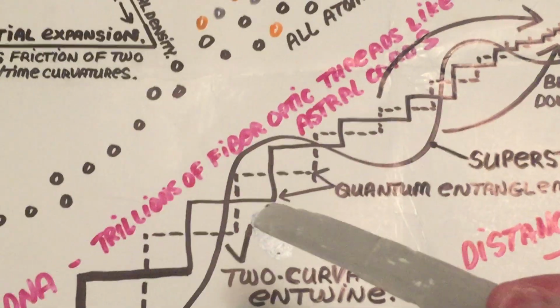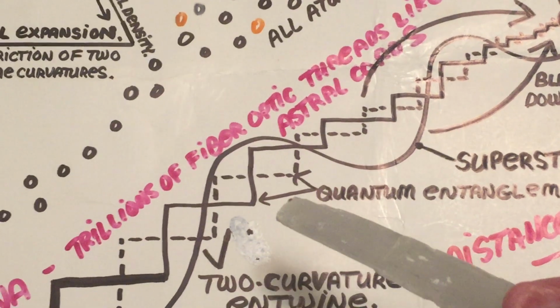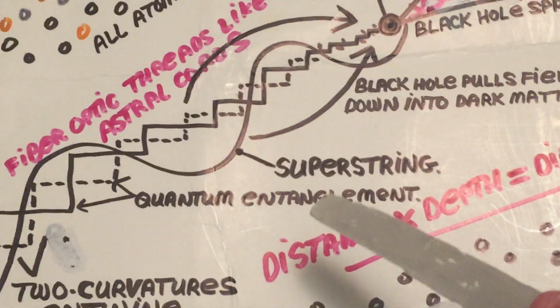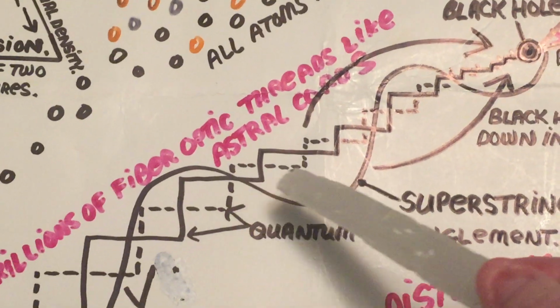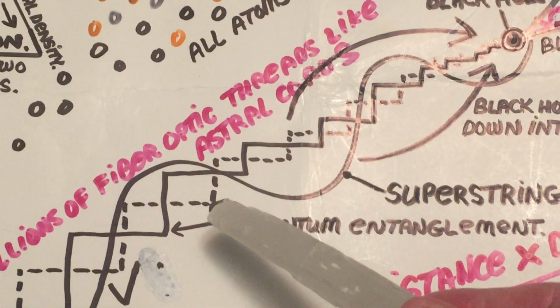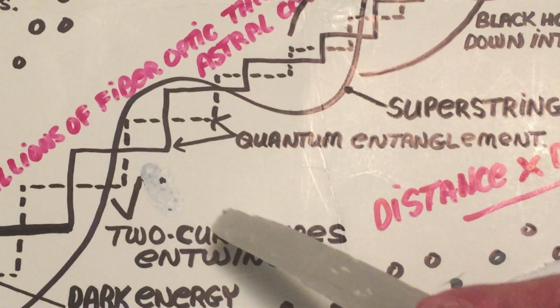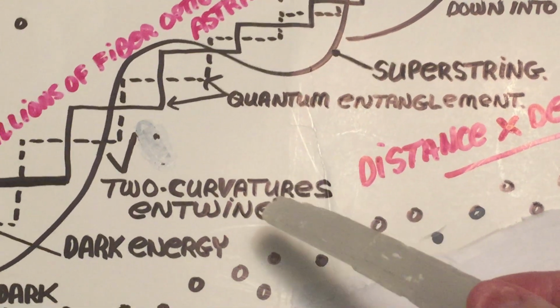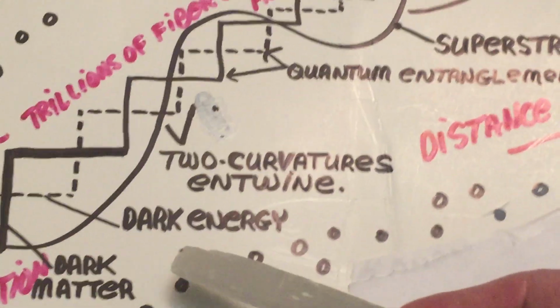It begins to form quantum entanglements and superstrings. Here's the superstring, and of course these would be quantum entanglements of the two curvatures that entwine, which is dark energy and dark matter.